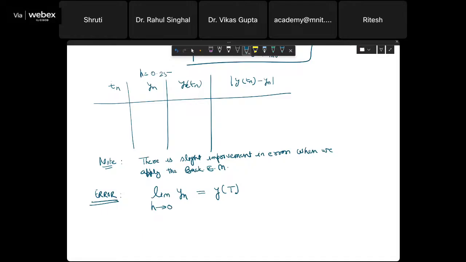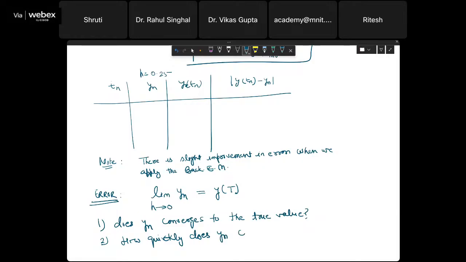So as I said, there are some questions. First question is, does yn converge to the true value? Second question is, if it converges, how quickly? Does yn converge over the interval?